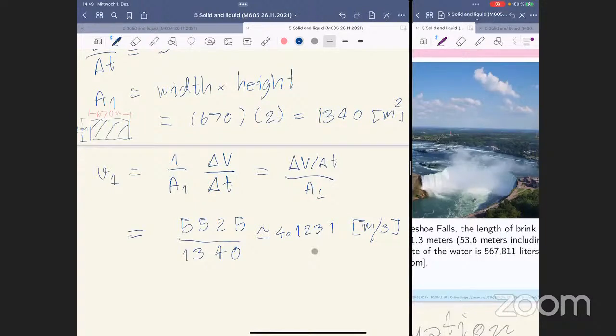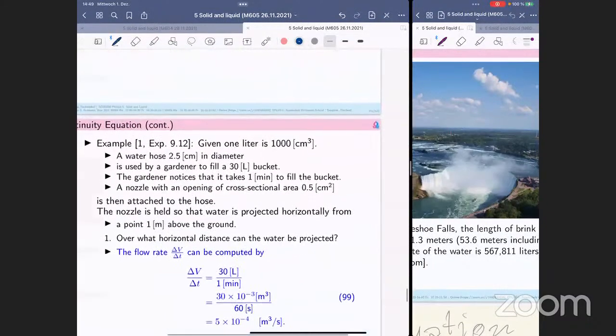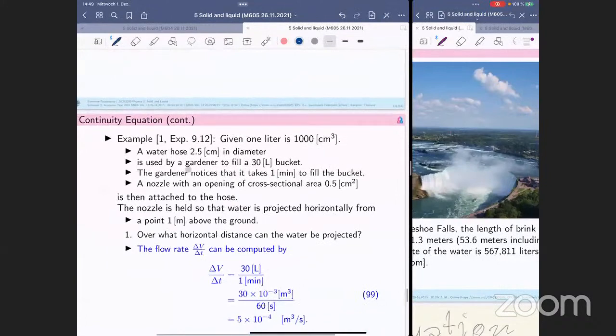It's a little bit faster than how you walk. That's the answer for the first example about the continuity equation. Now we arrive at the second example about the continuity equation.